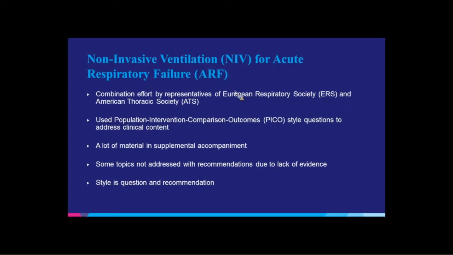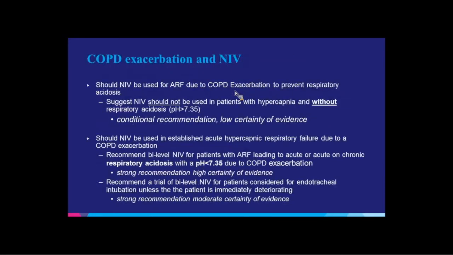They didn't address some of the topics because there's just a lack of evidence. And as I said, the paper itself is question and recommendation, so some of these will look like questions because I took it from there. Should non-invasive ventilation be used for acute respiratory failure due to COPD exacerbation to prevent respiratory acidosis?